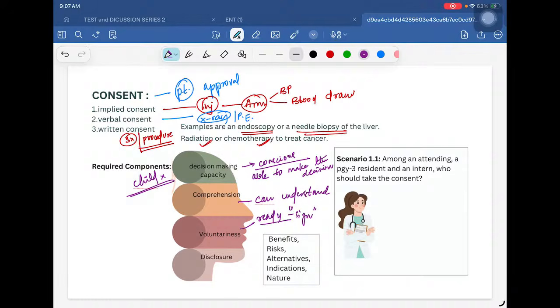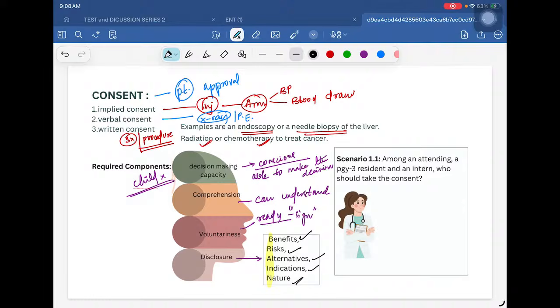Finally, disclosure. In the disclosure, you're going to talk about the following things in a procedure. What are they? The benefits, risks, alternatives, indications, and the nature of the procedure. You have to cover all of this while you're taking consent from a patient. You cannot skip any of this.